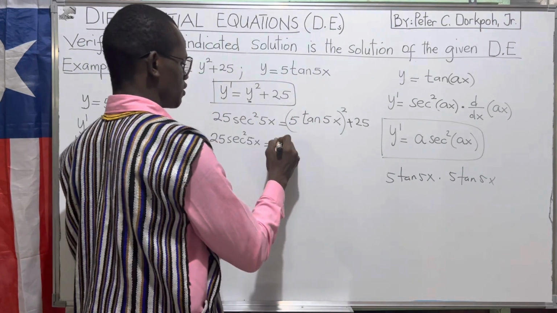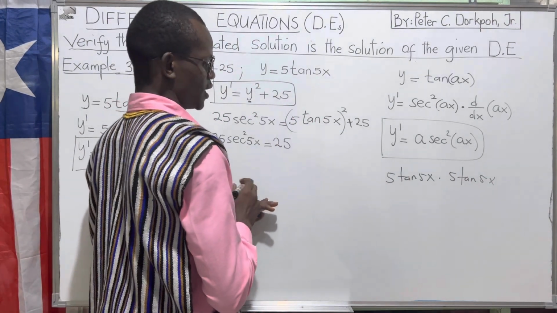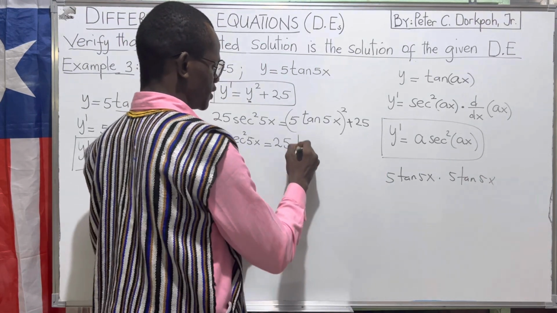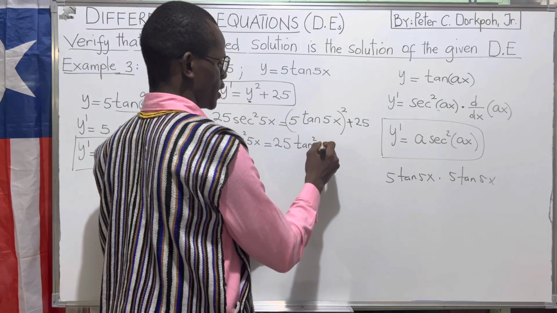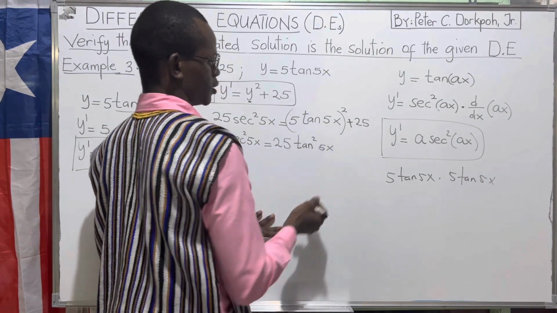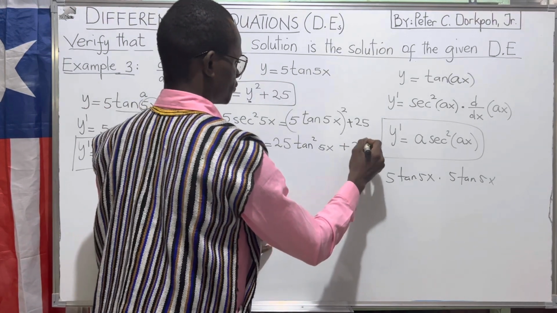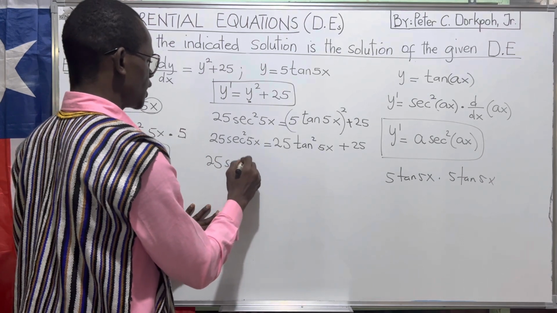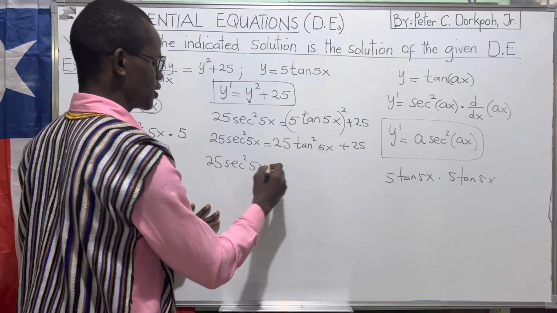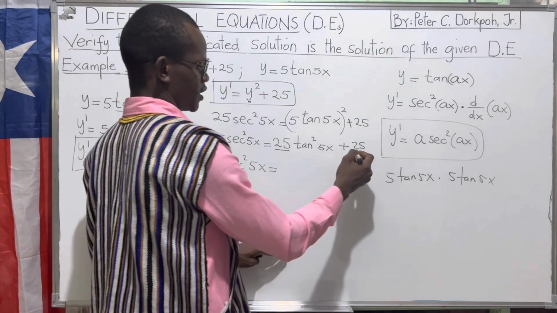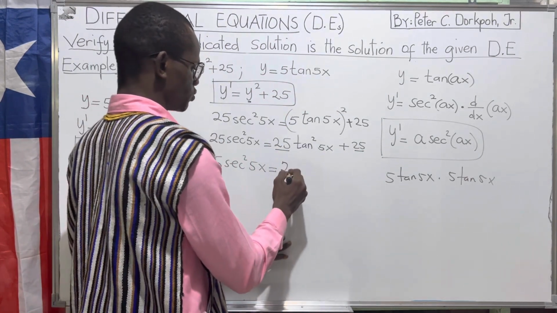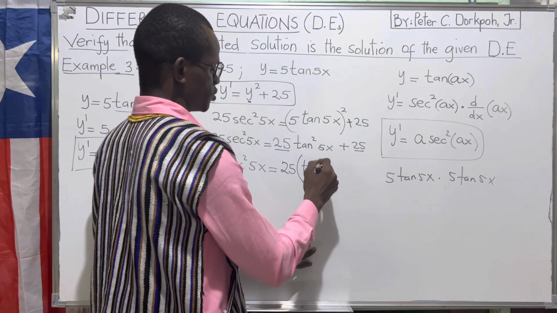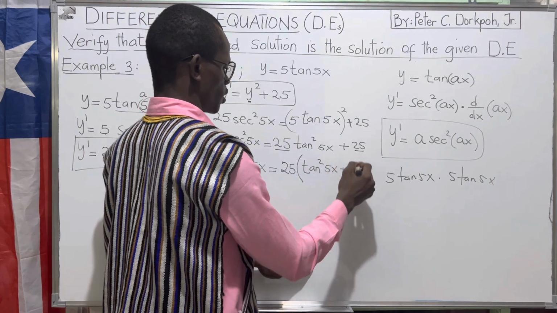So 5 times 5 is 25, then tangent of 5x times tangent of 5x is tangent square 5x, plus 25. So we have 25 secant square 5x equals, now 25 is in both terms, so we factor out 25. And then we'll be left with tangent square 5x plus 1.